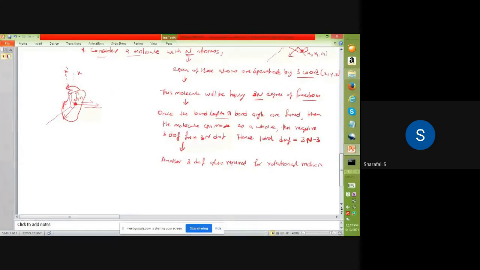And also, the angle will be changing with that rotation. In that case, we have to represent the center of gravity.